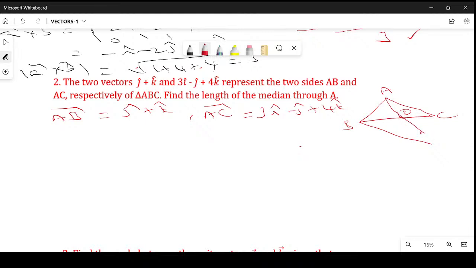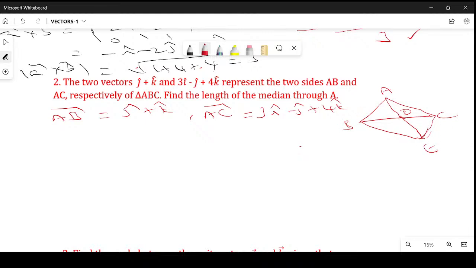I am just trying to understand what I am doing here. Be careful here. Join A, B, D, C, and I can call the fourth point E.